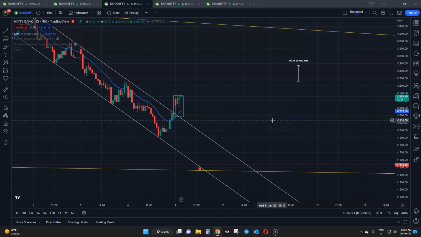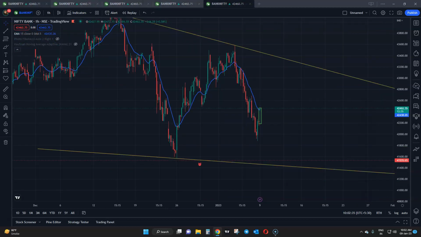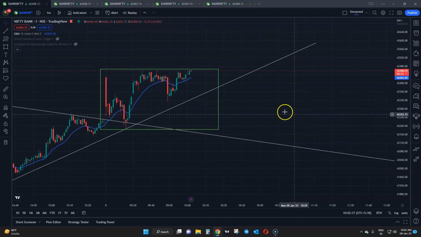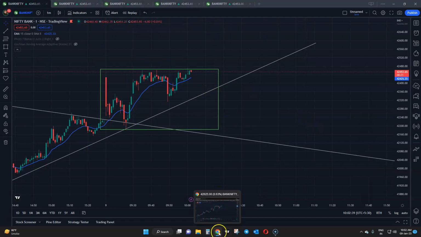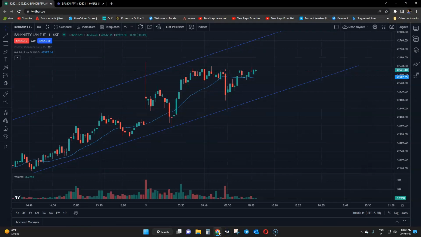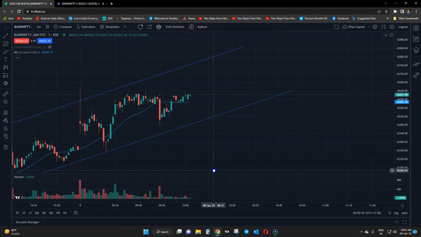Yeah, this is a clear bull trend, man, till here at least. I don't think you should. There's a calm before the storm. The futures is not looking so good.